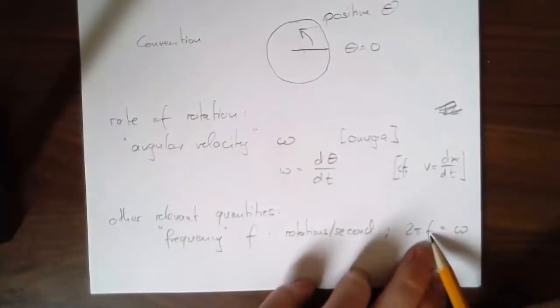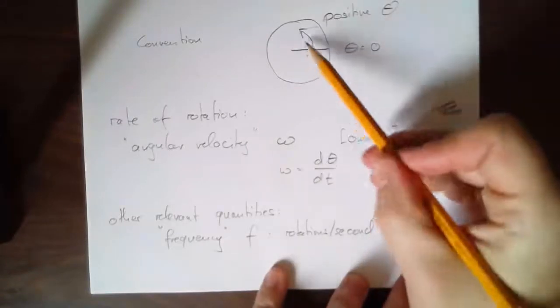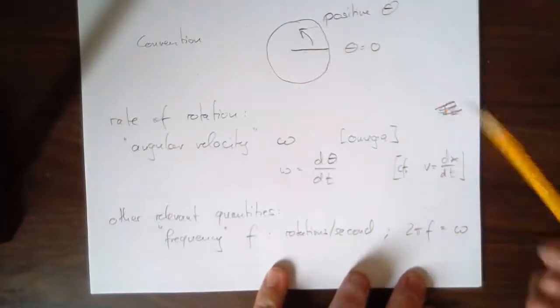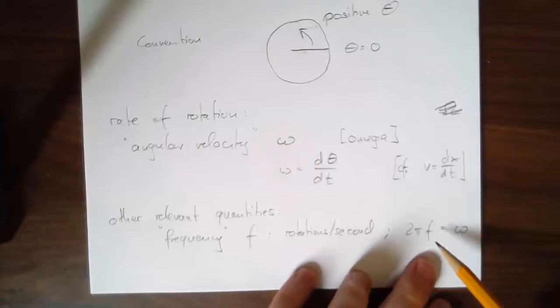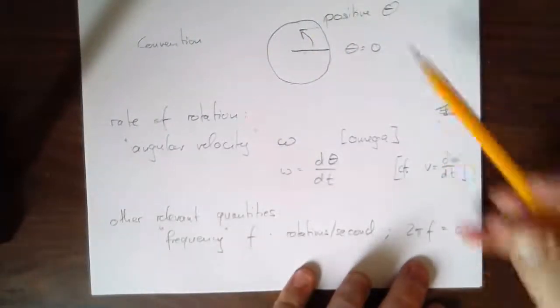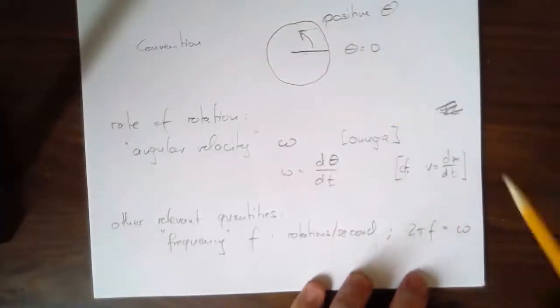Because if, say, let's visualize this. Why is it 2 pi here, not over there? I mean, if f is 1, right, 1 time per second this thing goes round, well, then omega would be 2 pi radians per second. If f is 3, the thing spins around 3 times per second, well, then it would be 2 pi plus 2 pi plus 2 pi radians per second.